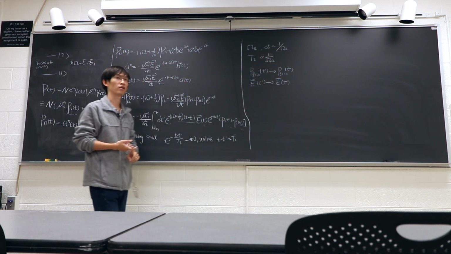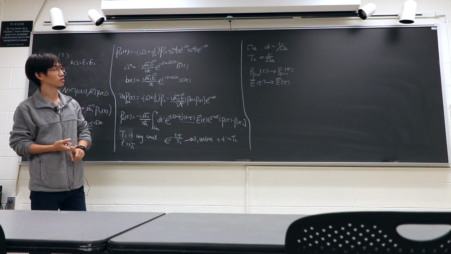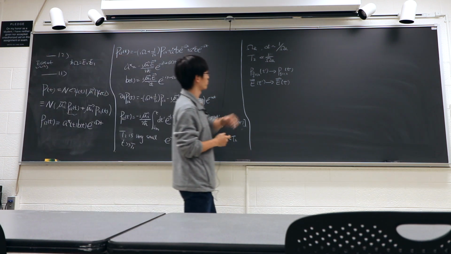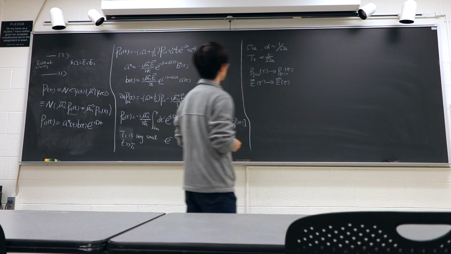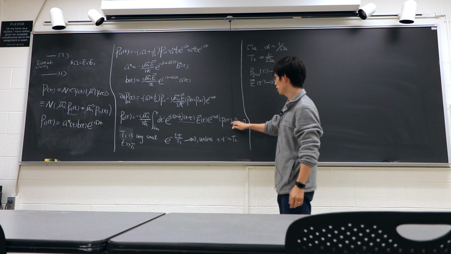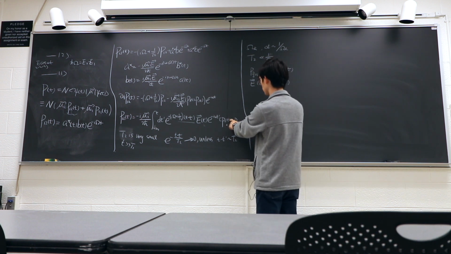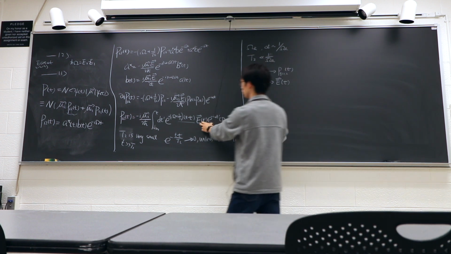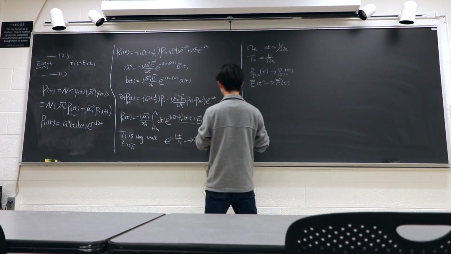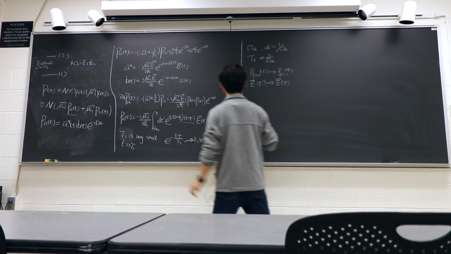I'm not so sure about graphene or those kinds of things, but for most materials this condition is okay. So we can take this because it's now not t prime, it's t, and the integral is over t prime. So you can move this out of the integral.